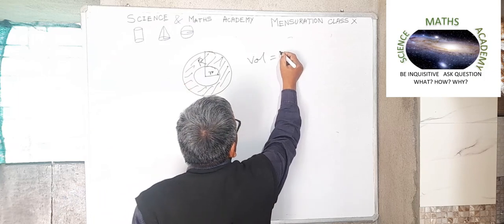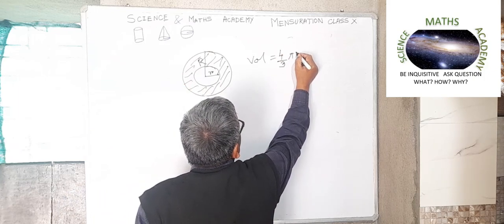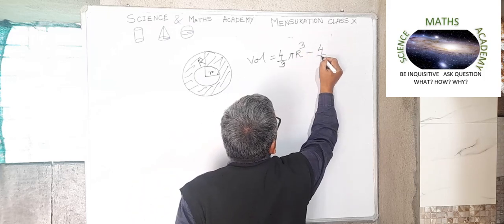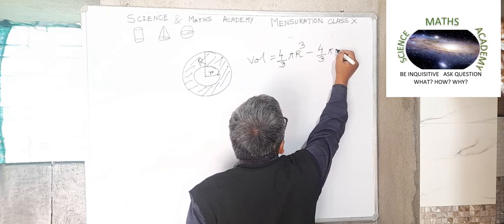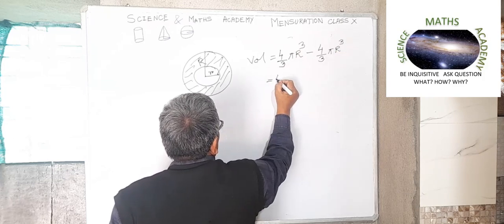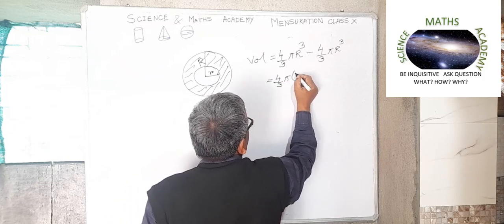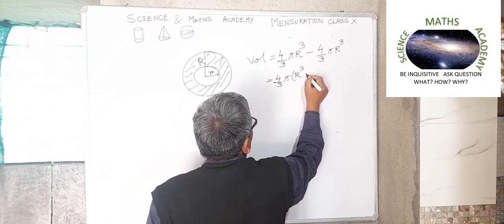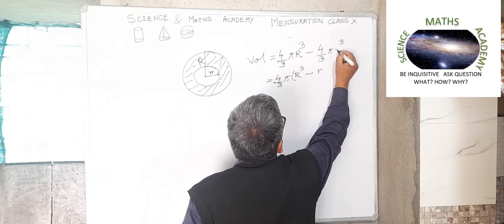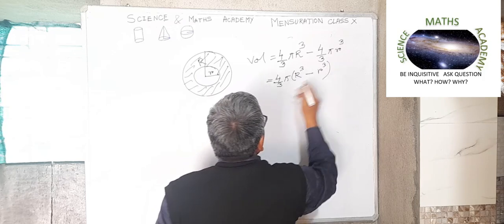So we will write volume 4/3 pi R cube minus 4/3 pi small r cube. 4/3 pi common, capital R cube minus small r cube. Clear?